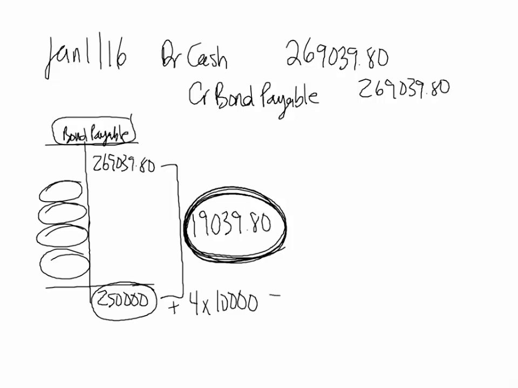So over the life of the bond, in absolute dollars, they're going to get $290,000. Does everybody agree that the cash they're going to get in their hand is $290,000? 4 times 10,000 and the 250 at the end of the 4 years.